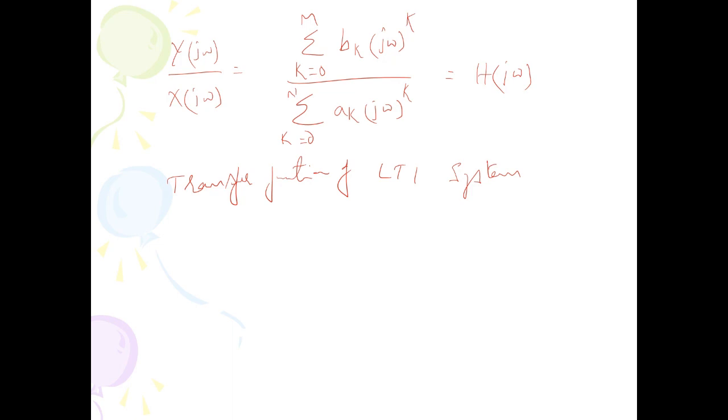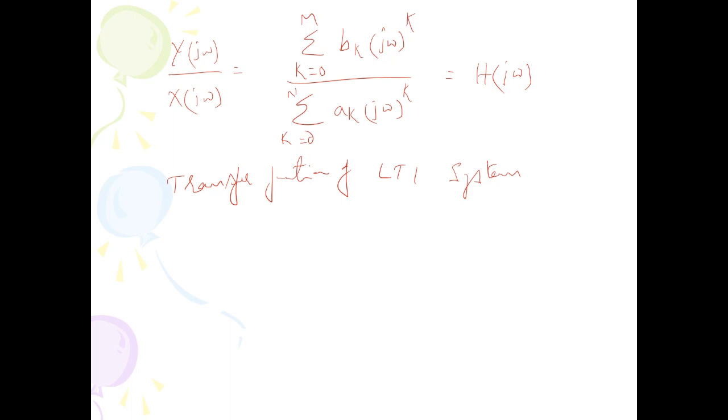And observe this H of j omega is a rational function. It is a ratio of polynomials in j omega. The coefficients of the numerator polynomial are the same coefficients that appear on the right hand side of the equation. The coefficients of the denominator polynomial are the same coefficients as appear on the left hand side.